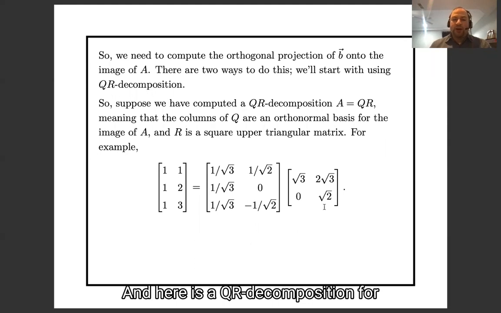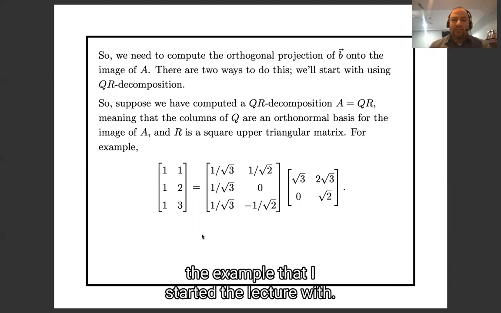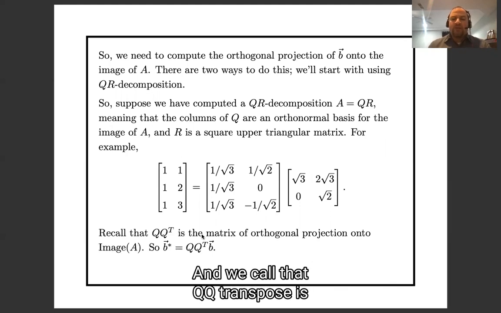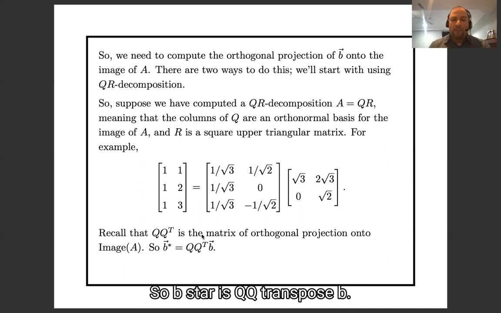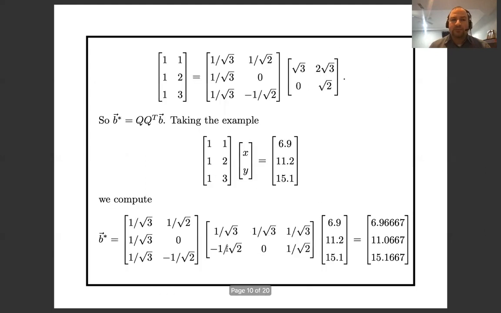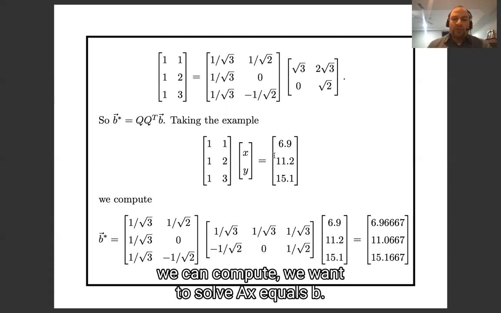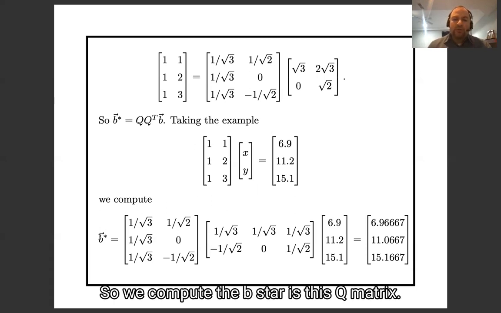And here is a QR decomposition for the matrix A in the example that I started the lecture with. And recall that QQ transpose is the matrix of orthogonal projection onto the image of A. So B star is QQ transpose B. And if we do that example, we want to solve AX equals B. So we compute that B star is this Q matrix.